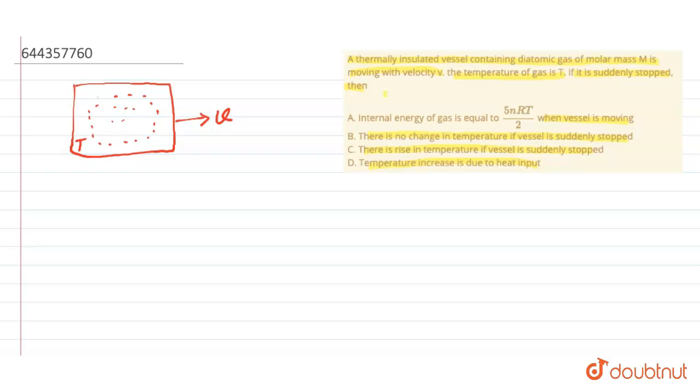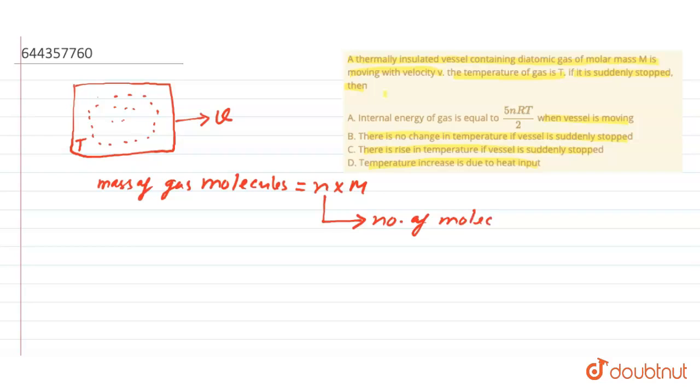And here the molar mass m is given. So the molar mass, that is the mass of gas molecules, is equal to n into m, where n is the number of molecules and m is the molar mass.